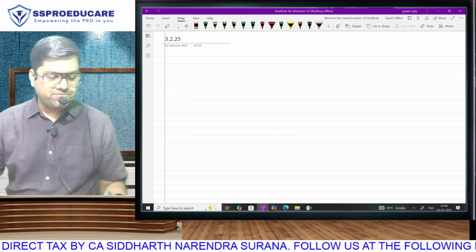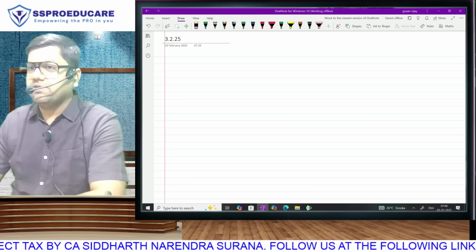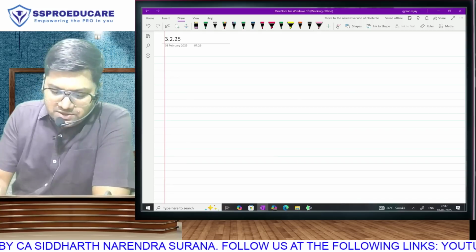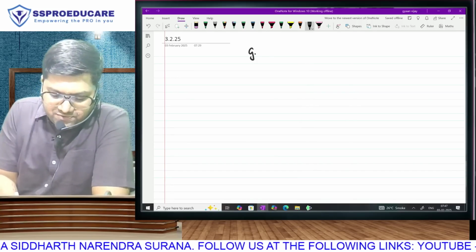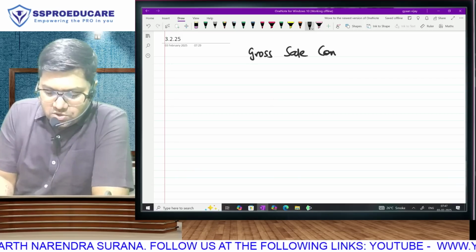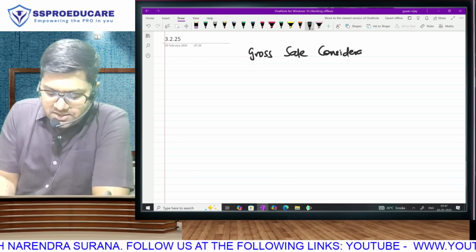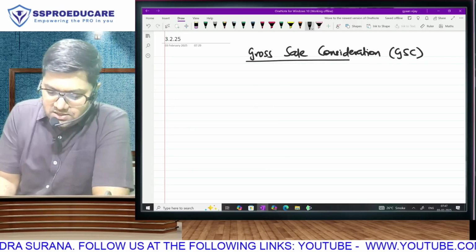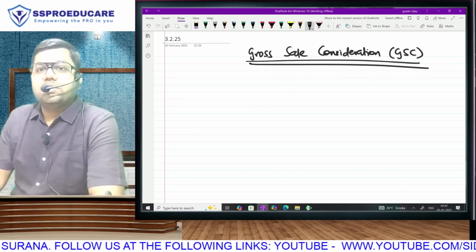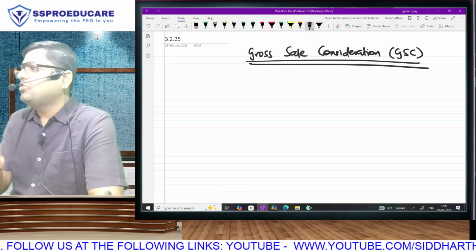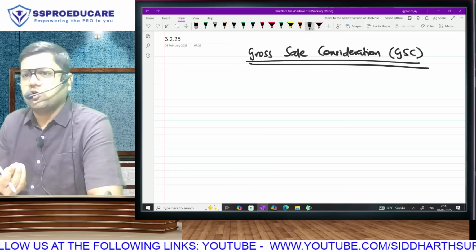Ladies and gentlemen, computation. In the computation, we are ready with the format, the pro forma. We have to complete this pro forma. The first thing that we have to learn in the computation of capital gain is gross sale consideration, that is GSC. You have to see the basic formula of profit is sale minus cost.